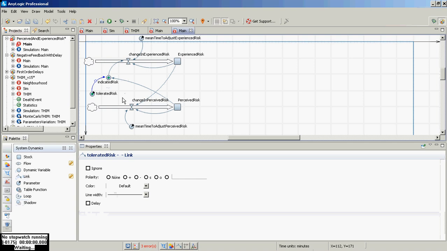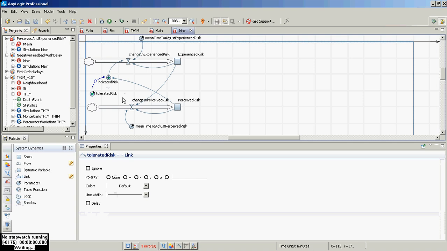So what we actually need to do here is, instead of wiring this up to indicated risk, and please excuse the error, we're going to wire it up to change in experience risk, and perceived risk will also be wired up to there.